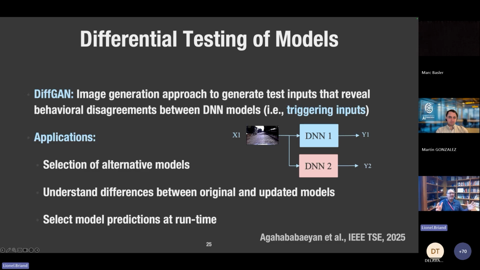It could be used for selecting alternative models, models that were more reliable or more accurate in more critical conditions, or to understand the differences between an original and an updated model, to make sure that the updated model was actually an improvement in critical conditions. Or even better, as this actually was our practical case, as is often the case in safety-critical systems, they would use several models and decide at runtime which prediction to trust.